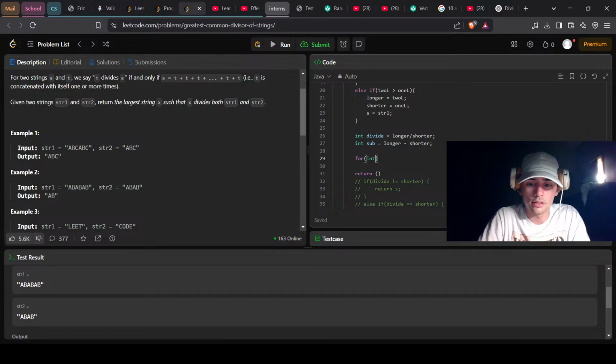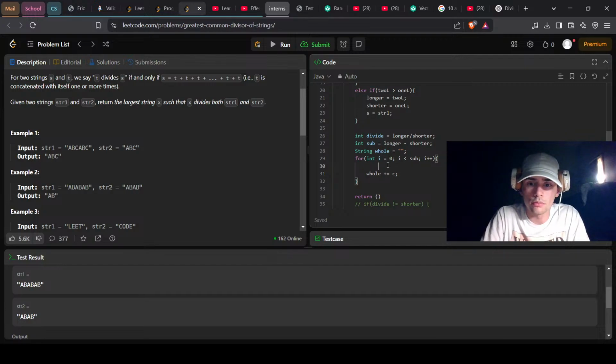For int i equals 0, while i is less than the subtraction, we're going to do i plus plus, and then string whole equals nothing, and then we're gonna do whole plus equals c.